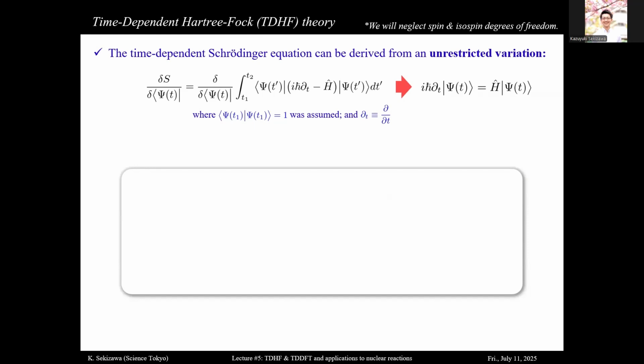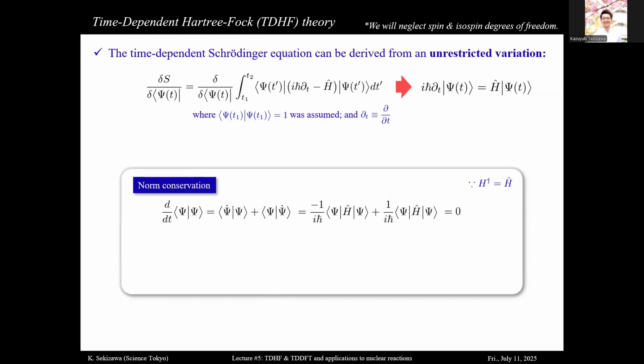Before going to the Hartree-Fock TDHF, I just show the properties of the many-body TDSE, time-dependent Schrödinger equation. One can derive the norm conservation by taking the time derivative of the norm of the many-body wave function. This differentiation operates on the bra and ket states.